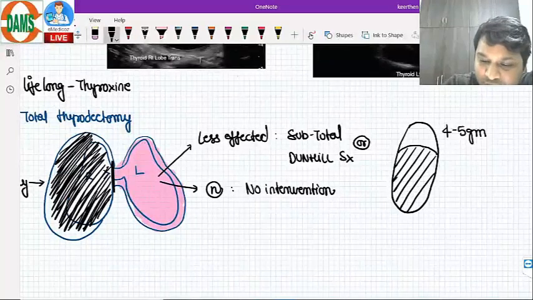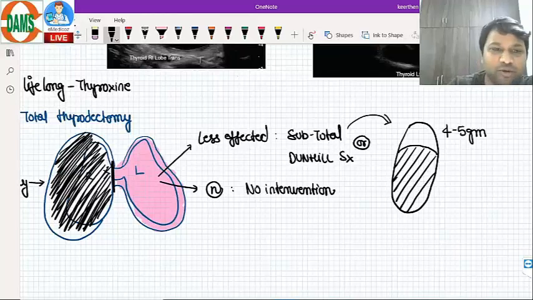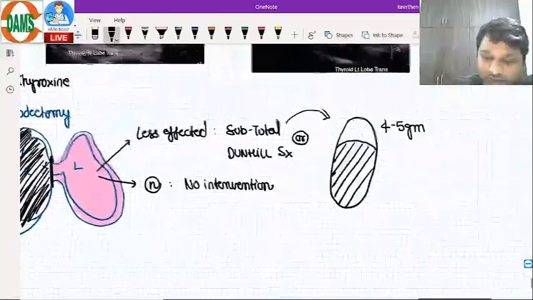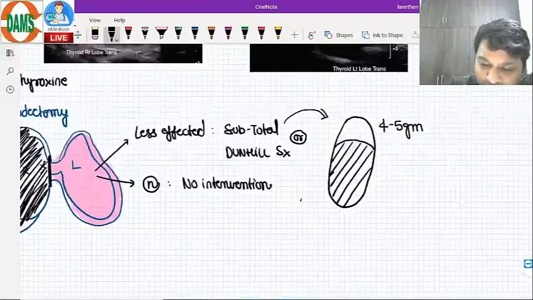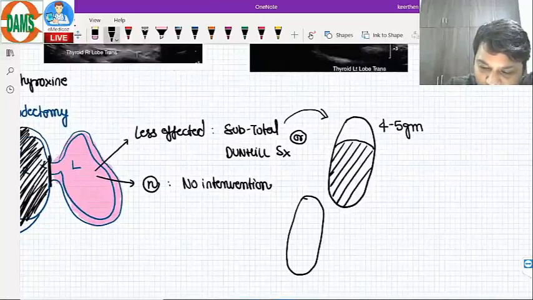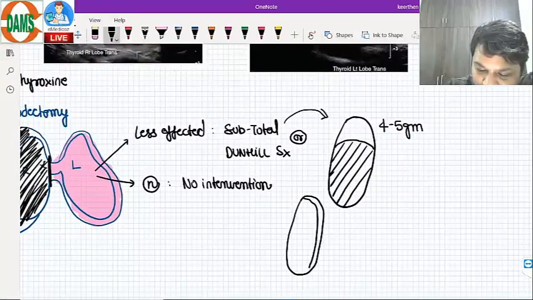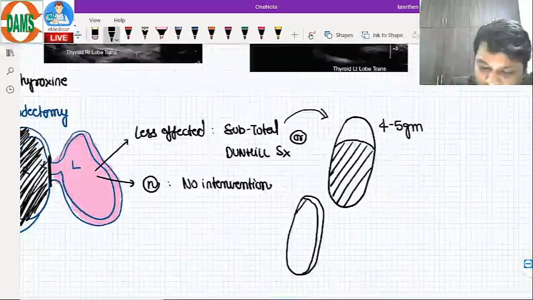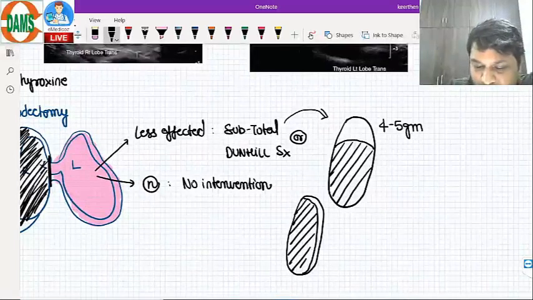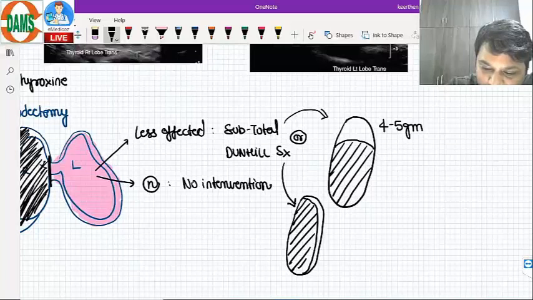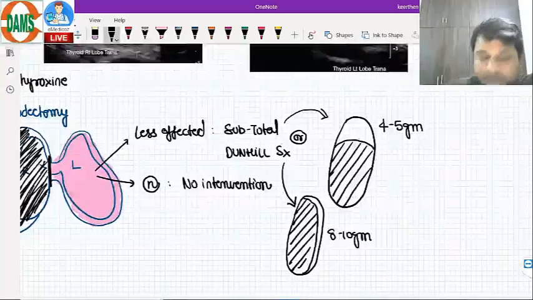This is called subtotal. We'll talk about them in detail again, just for reference. In Dunhill procedure, if this is the lobe, on the periphery we'll leave a thin rim of tissue, and the rest of the thyroid lobe is removed. This is called Dunhill. Around 8 to 10 grams is going to be left behind.